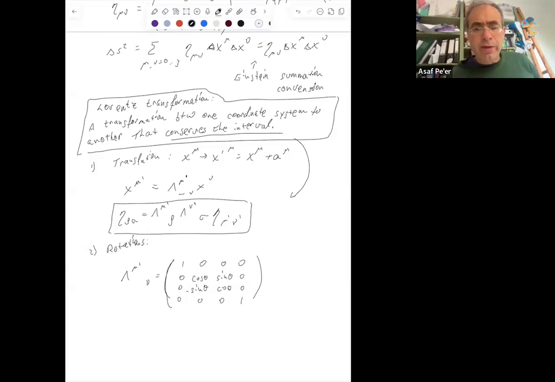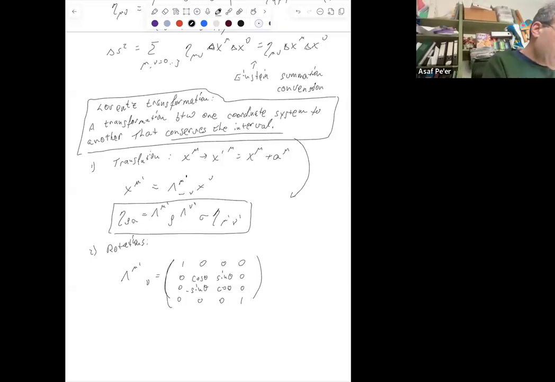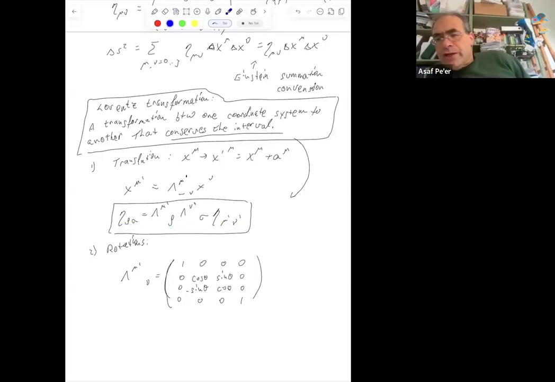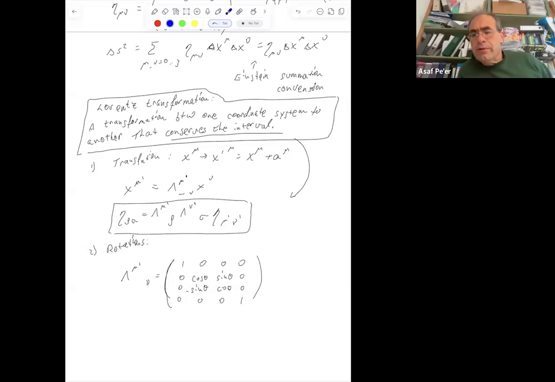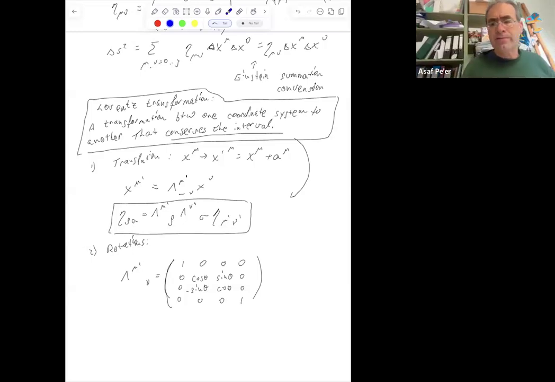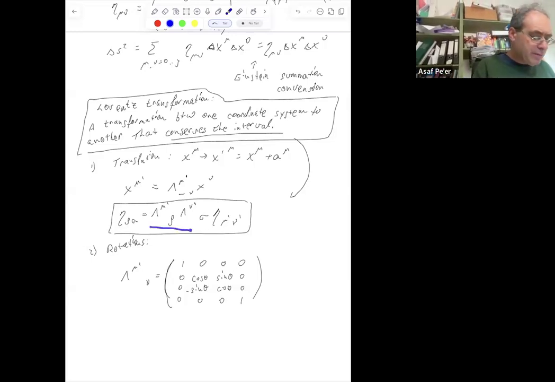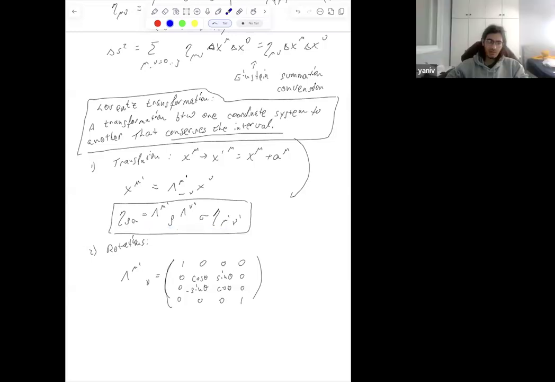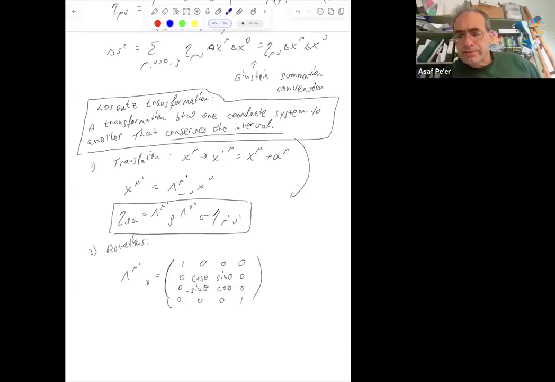Just to make sure that you're all with me: in here, how many equations are there? 16. Yeah, that's right. And in each of these equations, how many terms do you have to sum? 16. So there are a total of 256 terms.